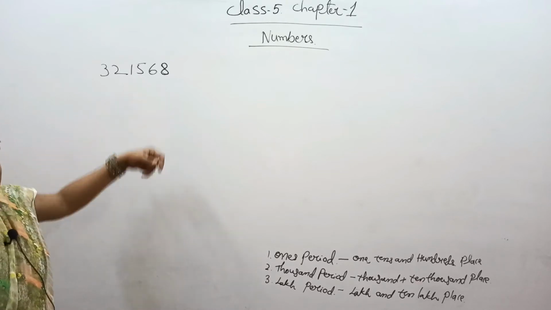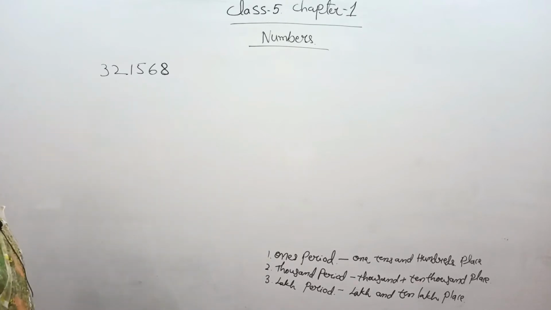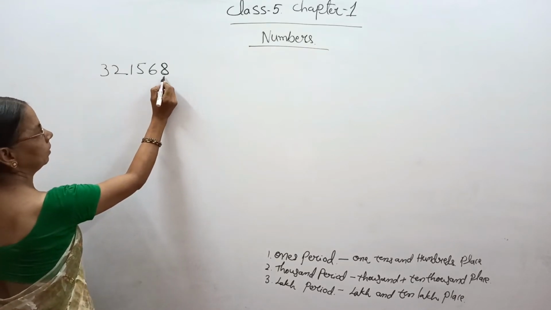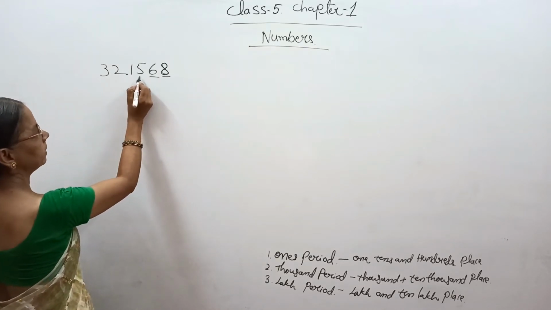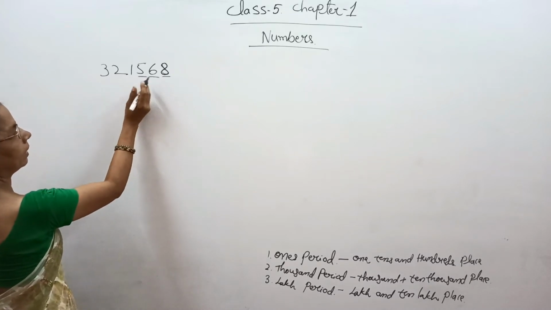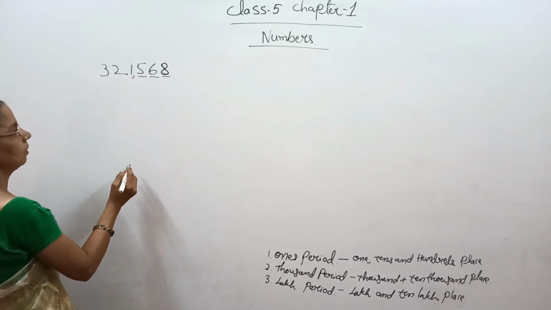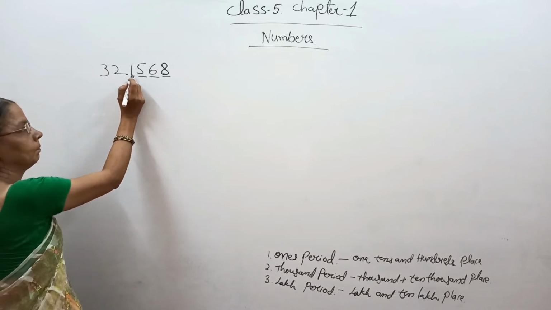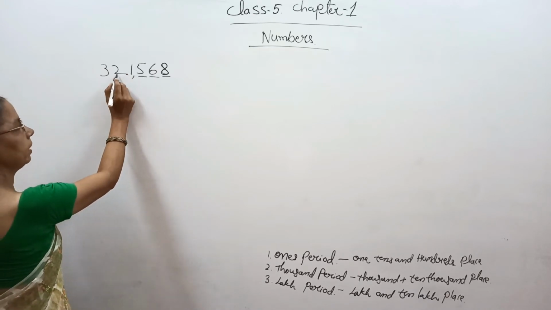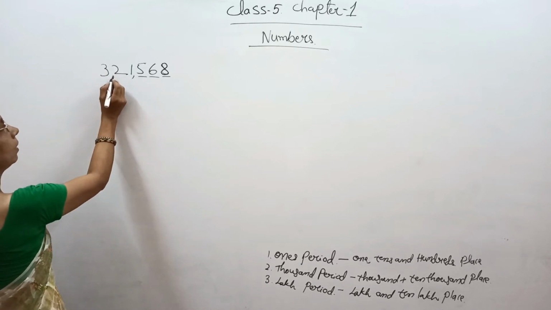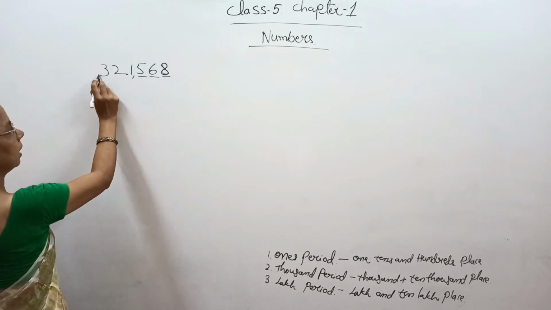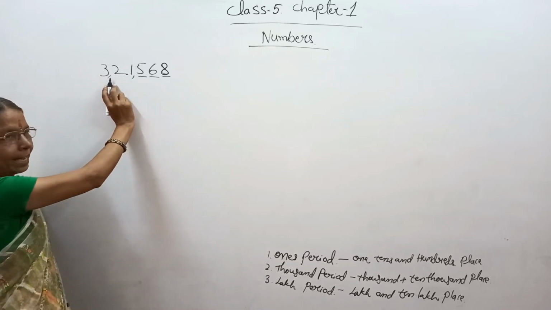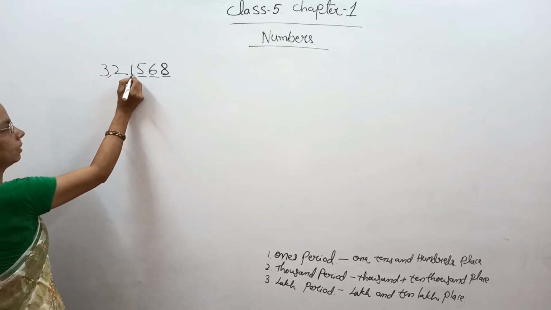Simply we have to put commas: it is ones, tens, hundreds. After the 100 place we put one comma, before the 1,000 place. Then 1,000, 10,000, and again after 10,000 and before the lakh place we put a comma.